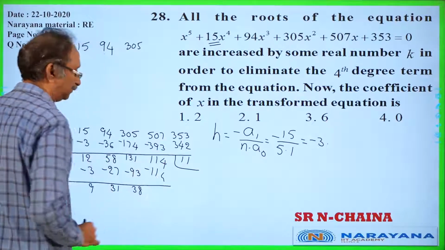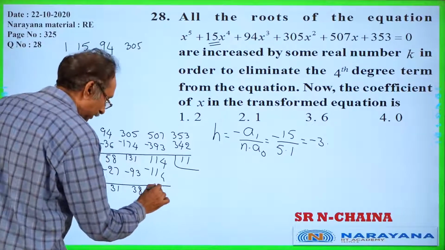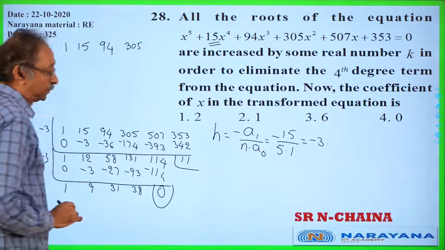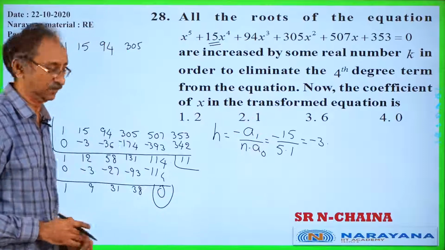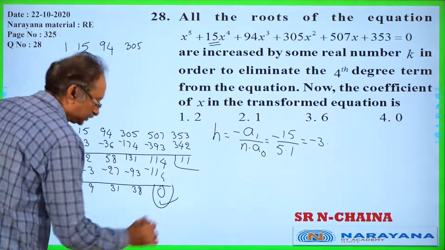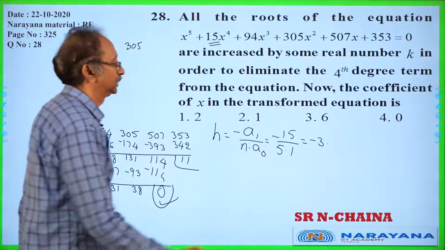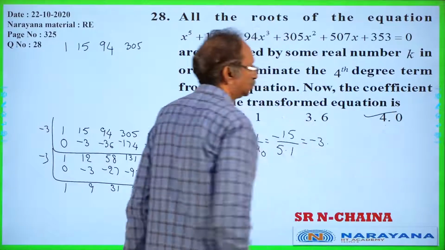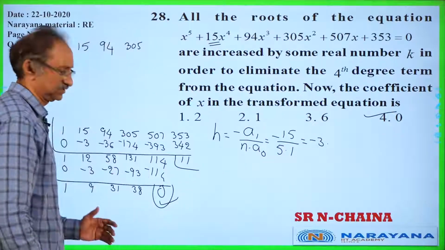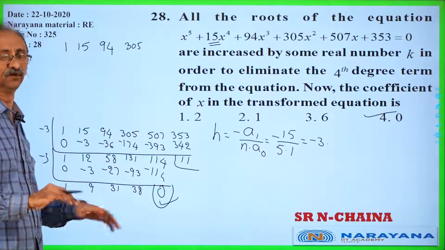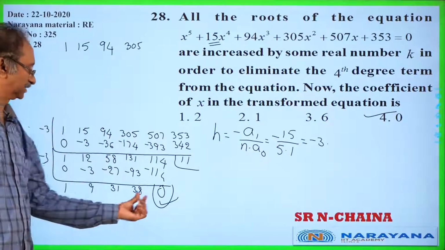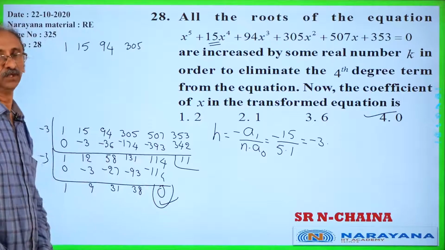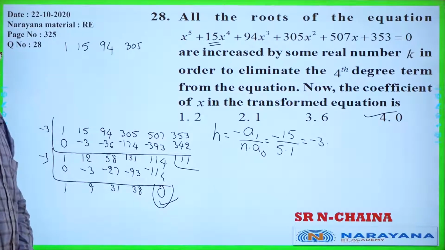So minus 114. Therefore, if you add, you are getting 0. So the problem is over. The question is the coefficient of x in the transformed equation. So this will be the coefficient of x, 0. So the answer is 0. So no need to complete all the steps. No need to write the full transformed equation because the question is only the coefficient of x in the transformed equation. We can stop there. The answer is 0.